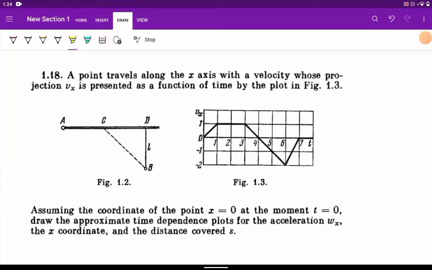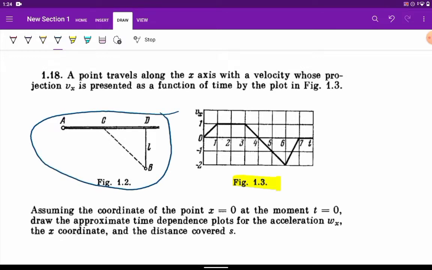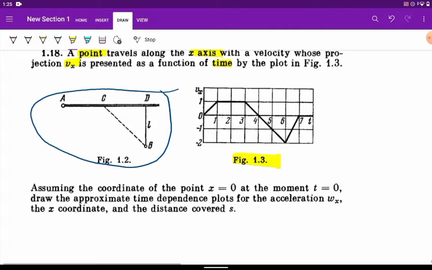Okay, so this question deals with figure 1.3. Please ignore figure 1.2 here. A point travels along the x-axis with a velocity whose projection is vx. The velocity vx is presented as a function of time by the plot in figure 1.3, so it's vx versus t.